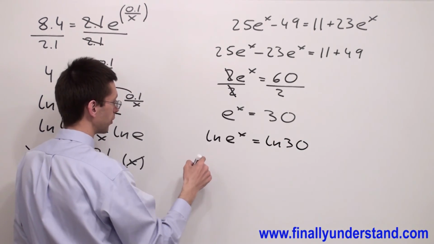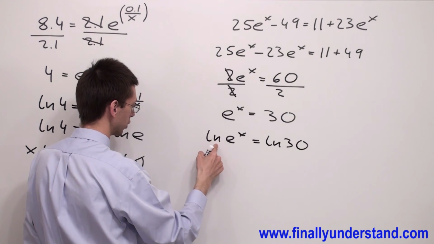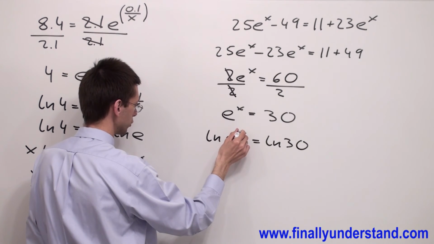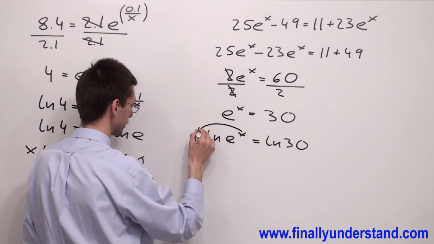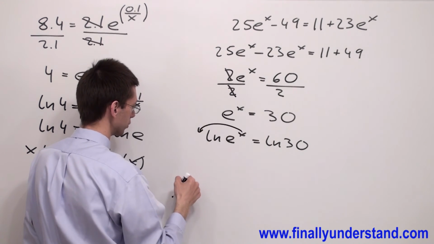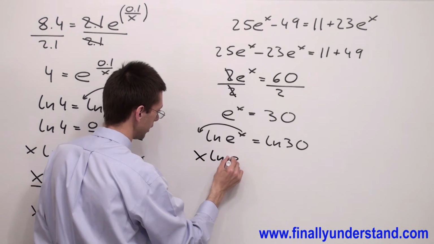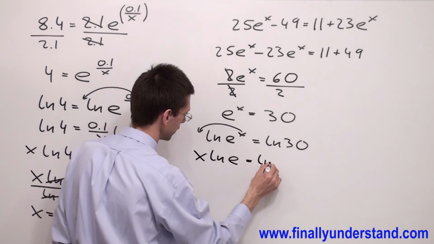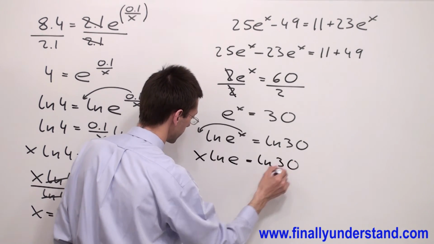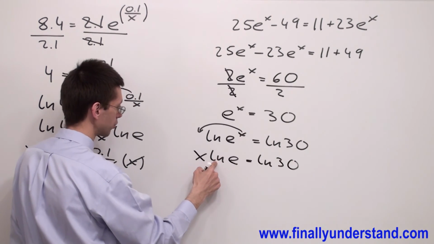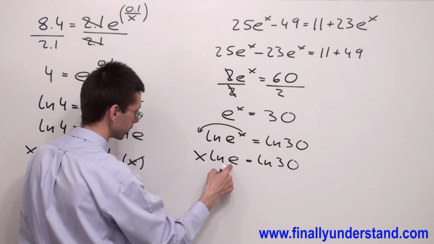Next, I'm supposed to apply the property for the log of power. You're supposed to bring simply this x to the front of the logarithm. And you are going to have x ln e equals ln 30. One more time. Natural log of e is equal 1.